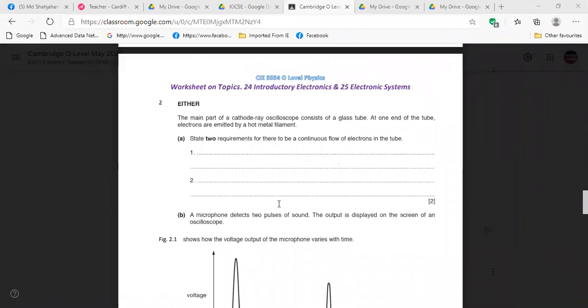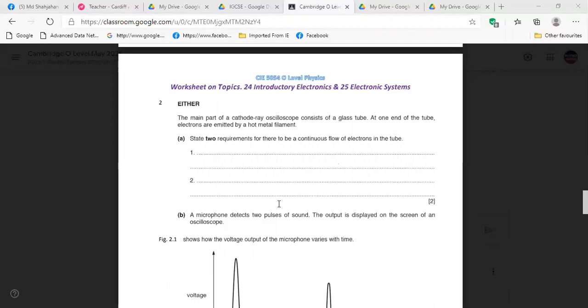Two conditions or two requirements for there to be a continuous flow of electrons in the tube. Cathode and anode. Cathode is giving you a supply of electrons.